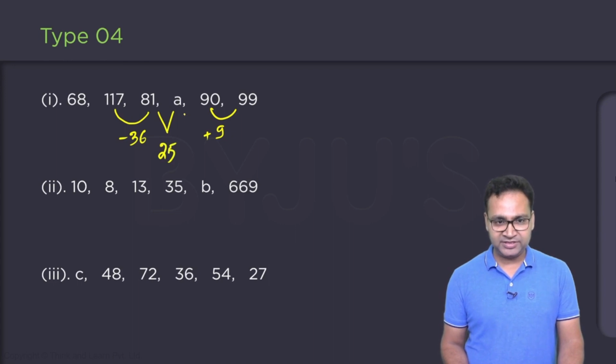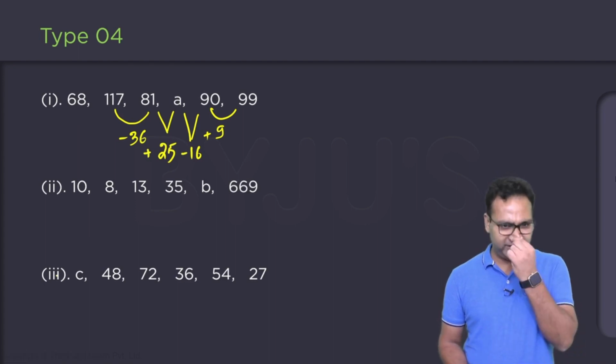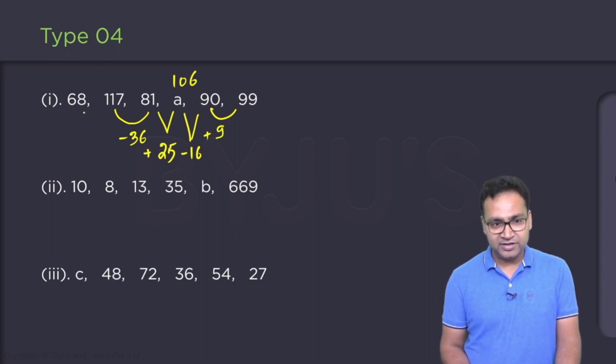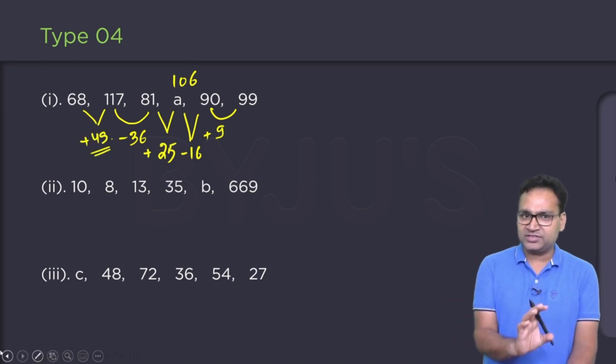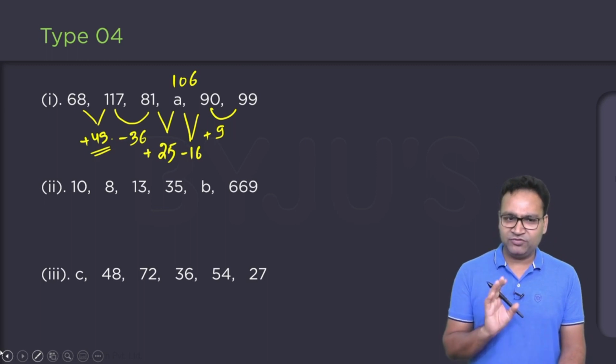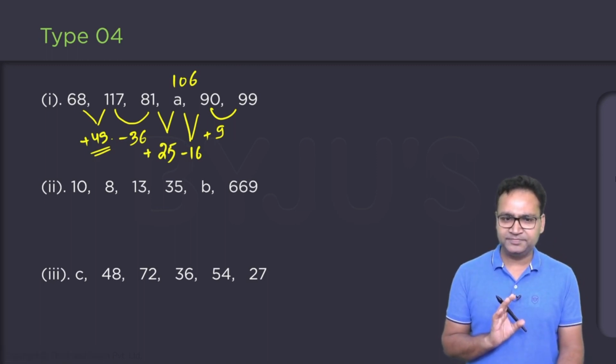Okay, and maybe this is 4 square. If this is minus, this is plus, this is minus. So 81 plus 25 I know is 106. Please check, is it validated for other numbers? I mean, please check whether this is 49. Yes. So the first number series differences are consecutive squares with alternate plus minus. The first number series is decoded.